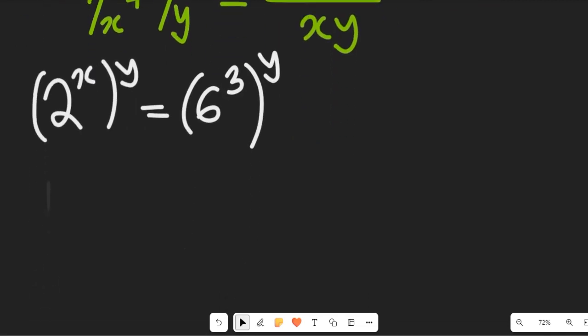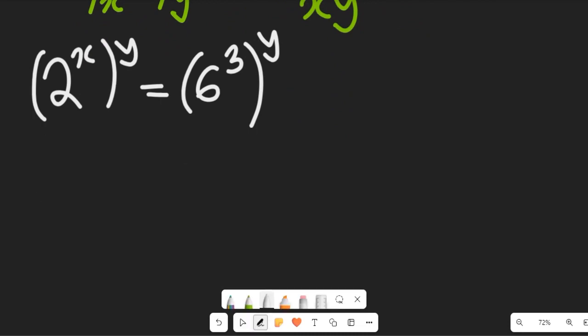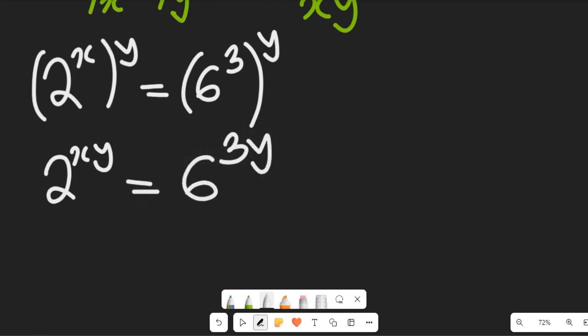If we simplify that, according to the law of indices, it will give us 2 to the power of xy equal to 6 to the power of 3y. Now, having gotten this first expression, we'll hold it up.